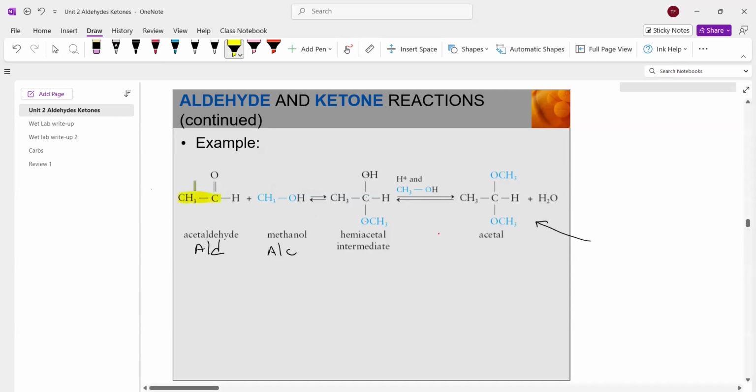In a minute, we're going to do starting with the ketone, and that would be primary. So whatever the backbone is of your aldehyde is going to be maintained. The alcohol is going to come off of this special carbon.